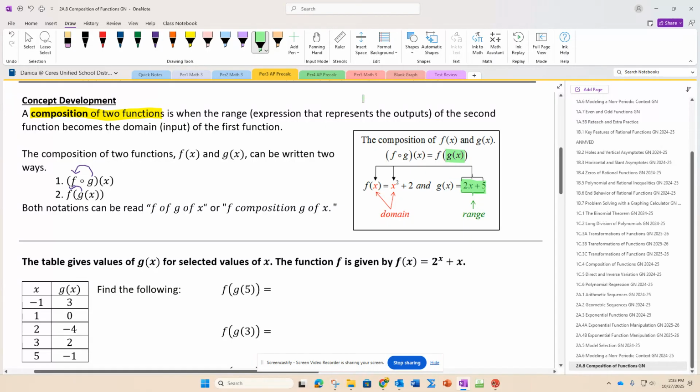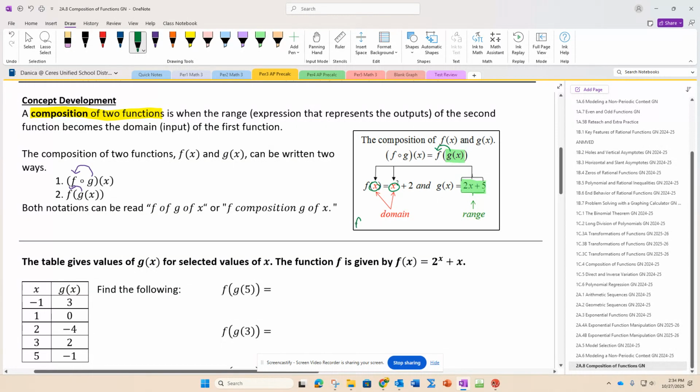And so we take that g of x expression that represents its range, 2x plus 5, and it gets substituted into the x variable positions for f of x.